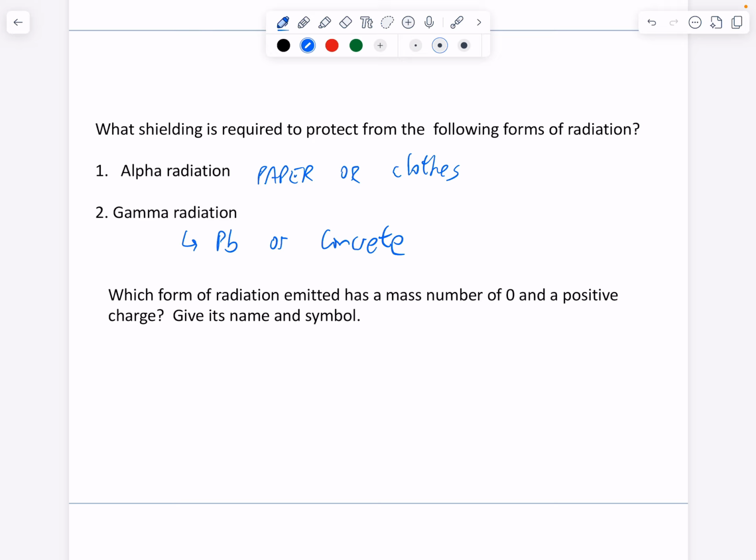Which form of radiation emitted has an atomic number of 0, mass number of 0, and a positive charge? Okay, so if the mass is 0, it cannot be a proton, it cannot be a neutron, so it has to be an electron. And because it's positive 1, it's not a regular electron, it's a positron.